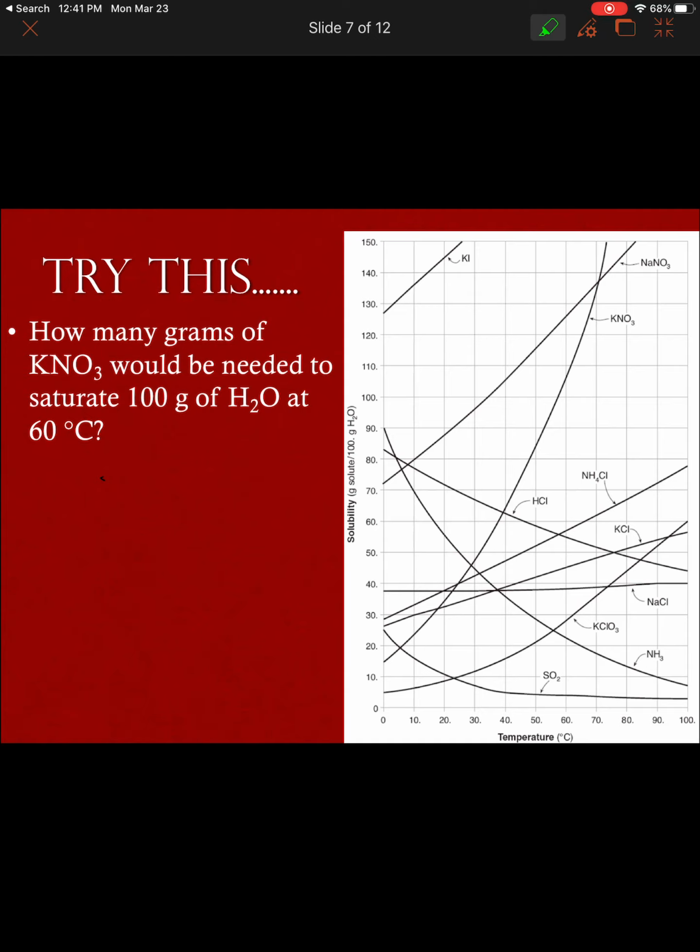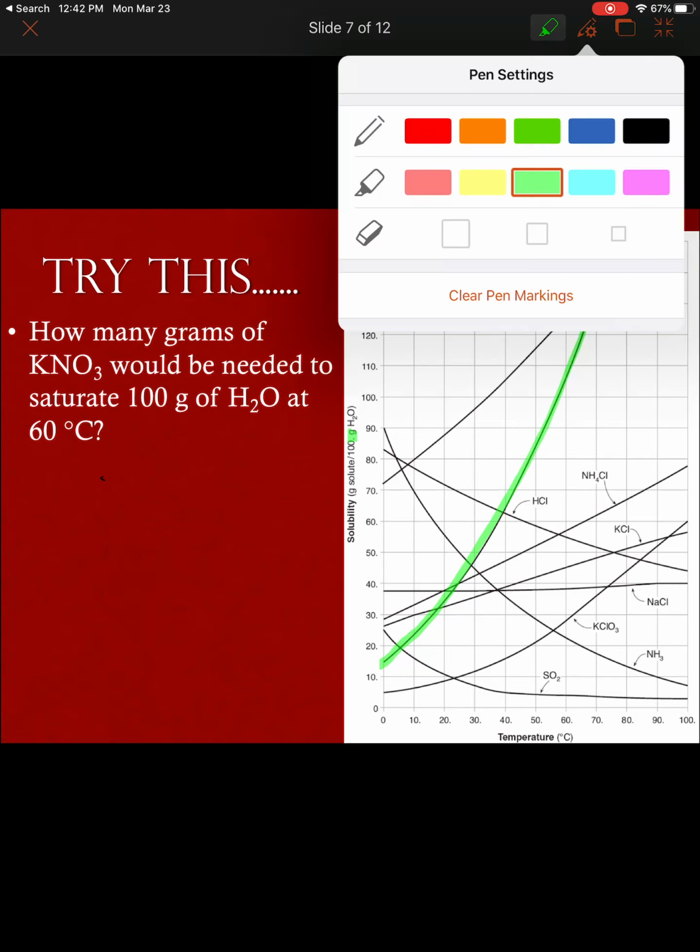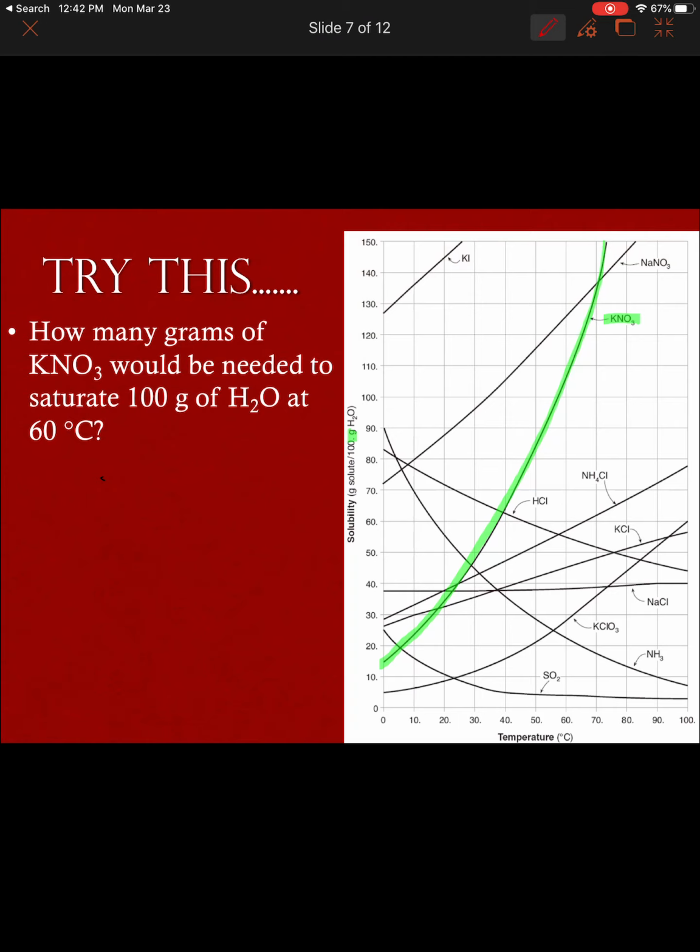Having said that, I want to isolate the KNO3 curve. So here is KNO3, the green one. This is the line we're looking at. The question says, how many grams, and notice grams is over here, of KNO3 would be needed to saturate this solution at 60 degrees Celsius?